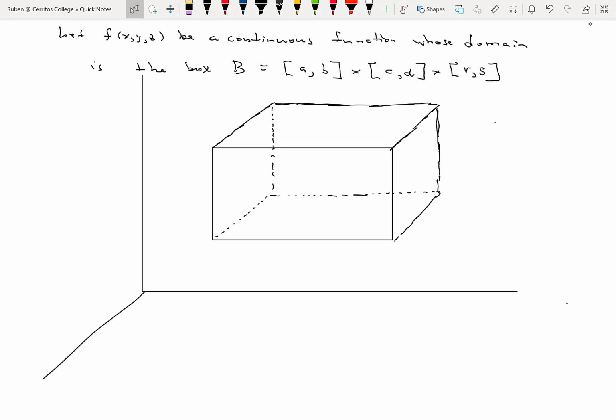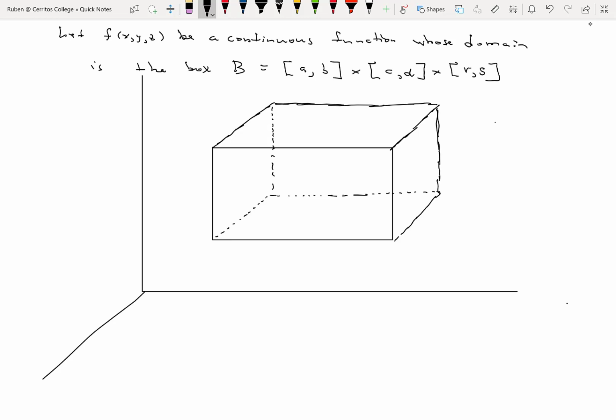Okay, so I'm going to make the dimensions of the box, the numbers in this box appear if possible here. So in the XY plane, I'm going to draw the projection of this box, the shadow of this box in the XY plane. The shadow in the XY plane should be the rectangle AB cross CD.